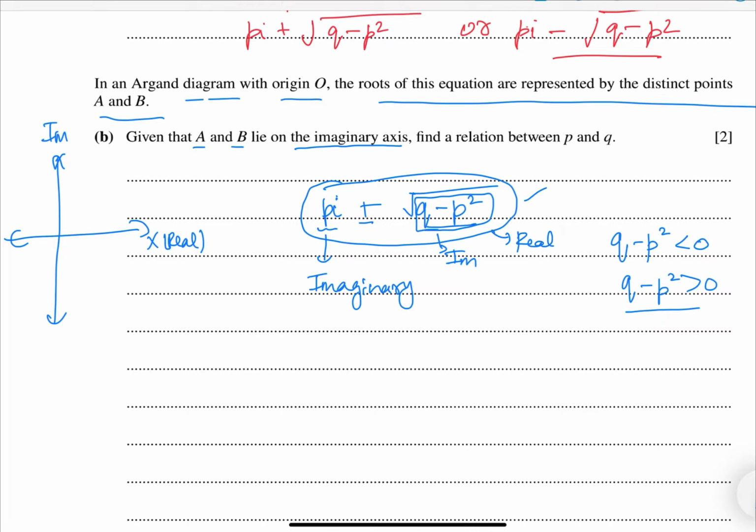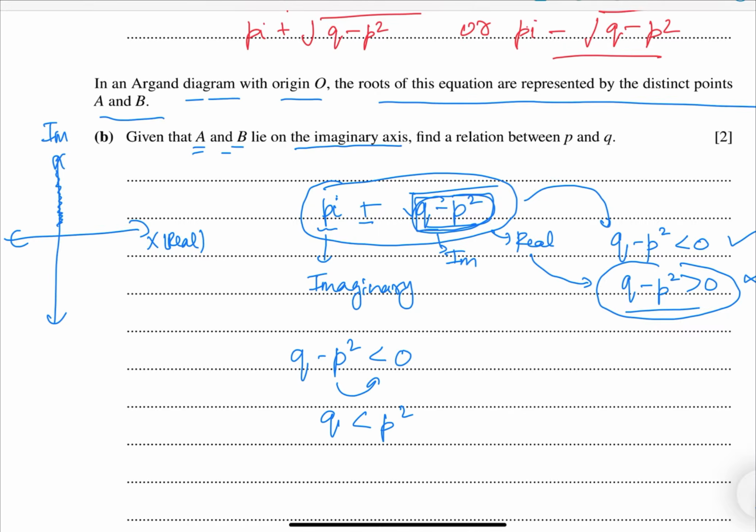Because square roots of negatives are imaginary and positive ones are real, right? In the question it is given that A and B lie on the imaginary axis, and on this axis the real part is 0. So this case will be excluded and this case will be taken. q minus p square is less than 0 because this part has to be imaginary. Very good. Send the p square over here. q is less than p square is the answer.